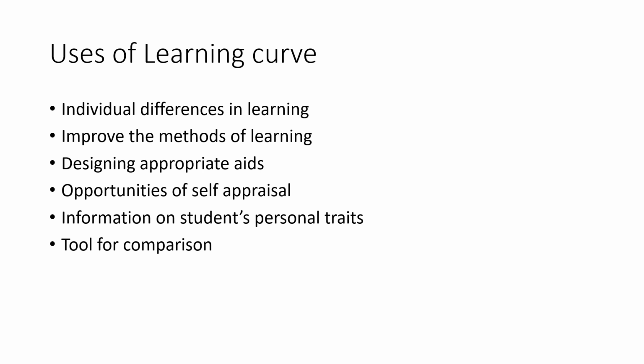And then of course, as a teacher and a student, you can analyze your own graph and even your fellow students' graphs, and then you can make a self appraisal. And then we can also predict the personal traits of a student.